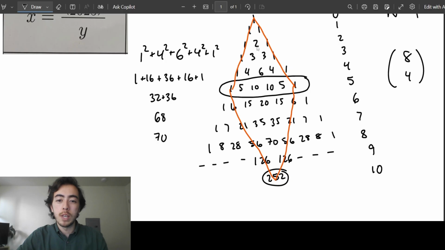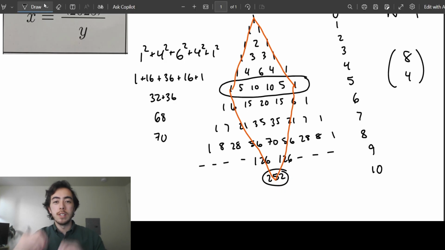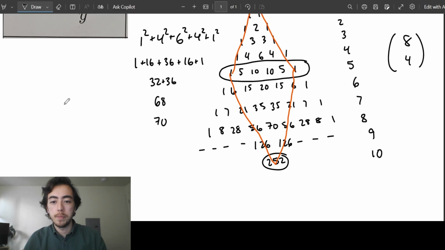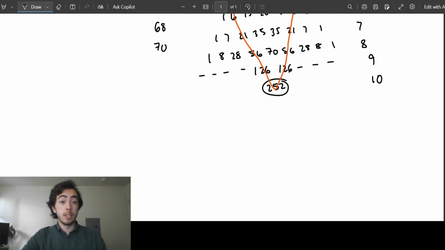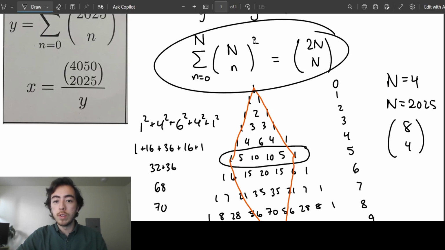We're still going to be able to count the number of ways to get to this spot by looking halfway up Pascal's triangle, squaring each of those entries, and then adding them all up. So that's the proof. There we go. n could be whatever we want, even 2025. These two things are equal to each other always.